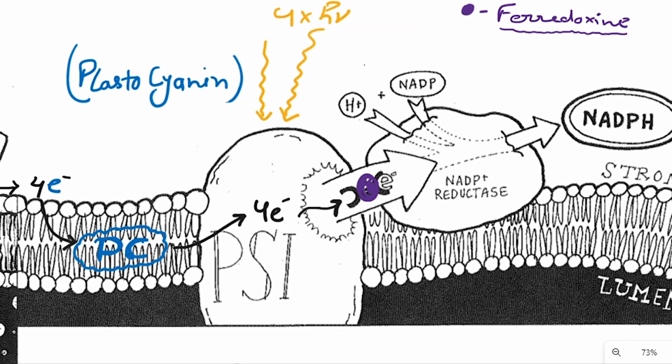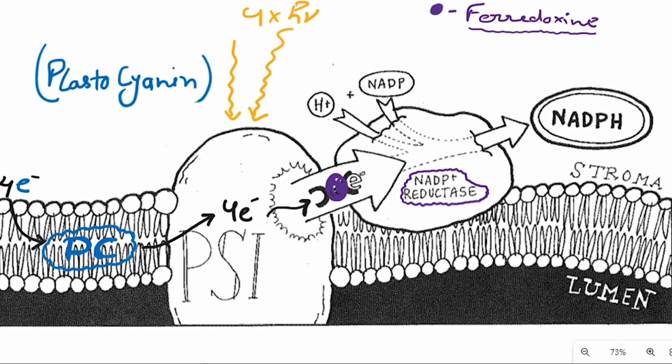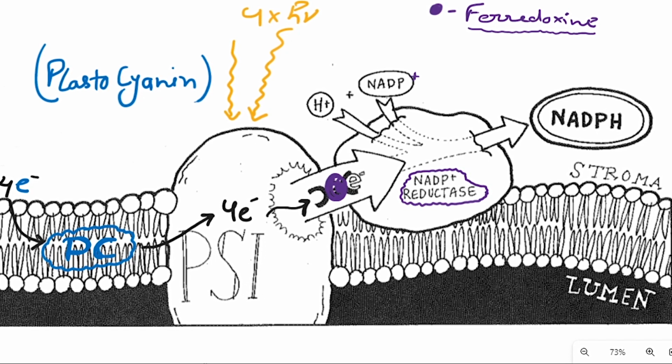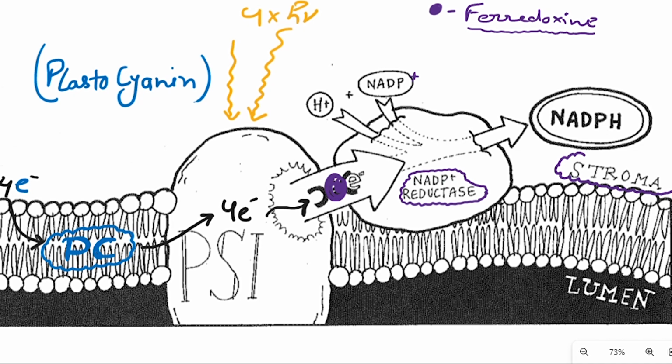The NADP positive reductase uses these electrons to reduce NADP positive and generate NADPH within the stroma.